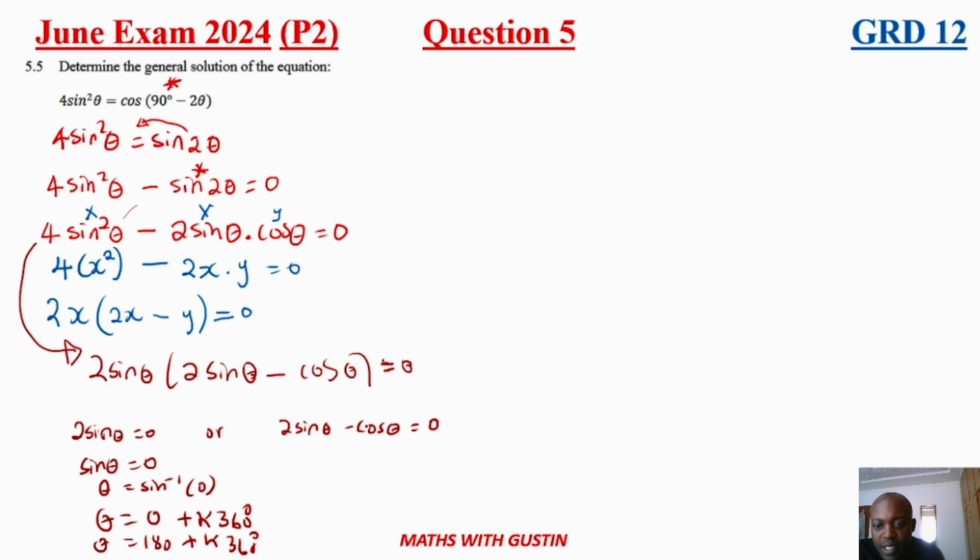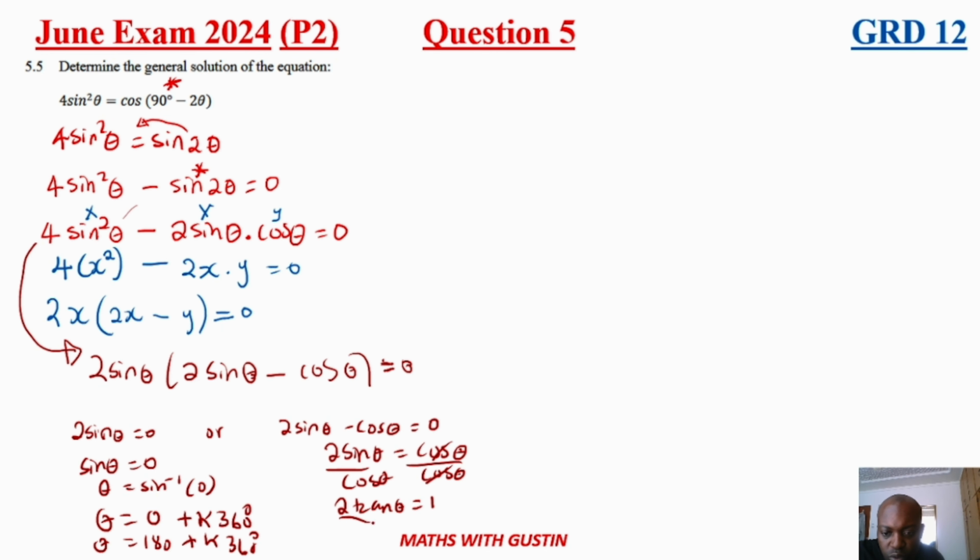So therefore, in this case, guys, on the other side, what you can do is take cos to that side, so you're going to be left with 2 sine theta is equal to cos theta. Therefore, you divide by cos on both sides. They like bringing this one a lot, especially in grade 12. You divide by that, so here you're going to have sine over cos which is equal to tan, so it's equal to 2 tan theta equals 1.